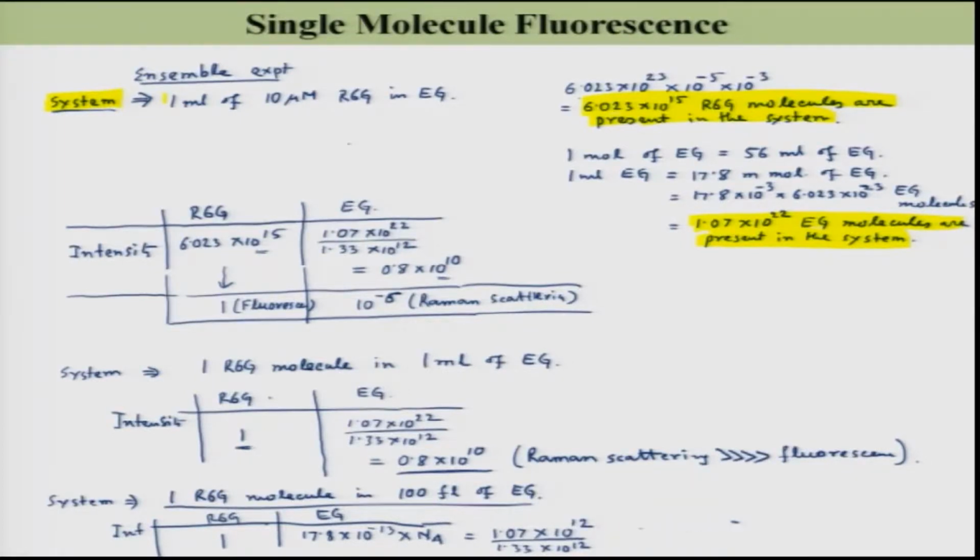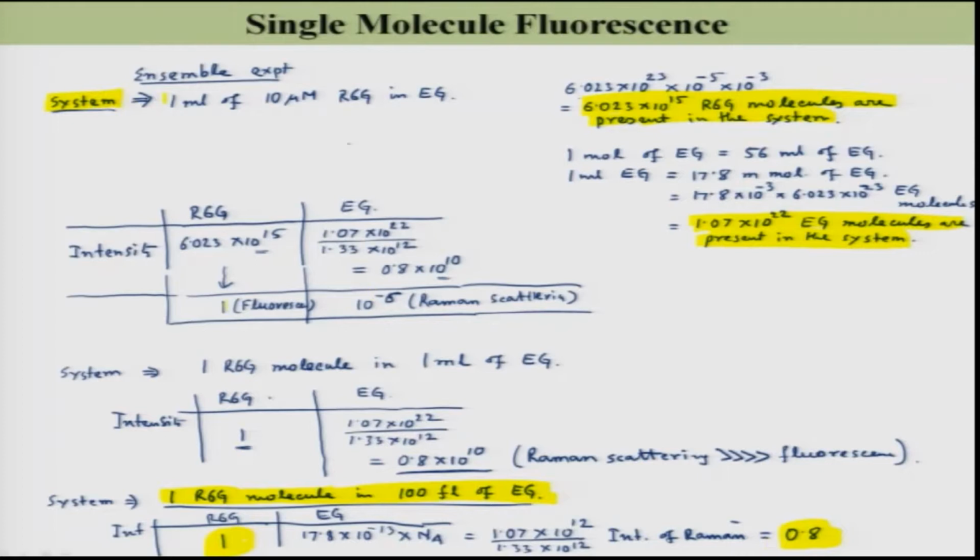So, then this is going to be the intensity of Raman scattering. So, this is going to be 0.8, right. So, you see here for such a case, note here, one rhodamine 6G molecule in 100 femtoliter of ethylene glycol, I got the fluorescence as 1, I got the Raman as 0.8. So, this is the catch.